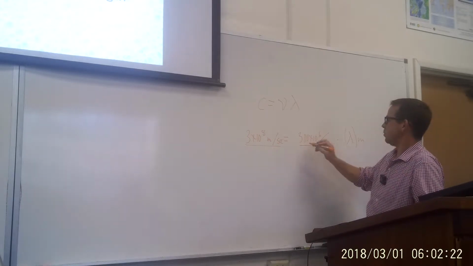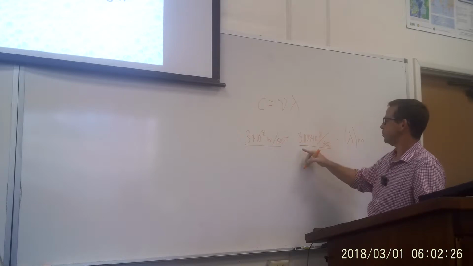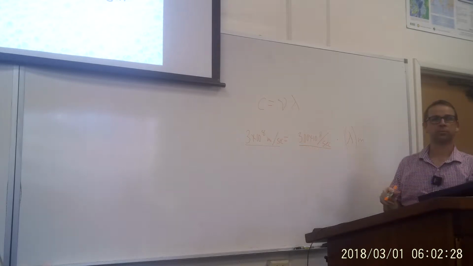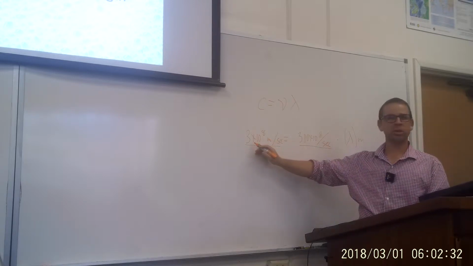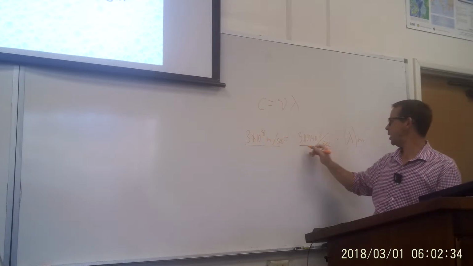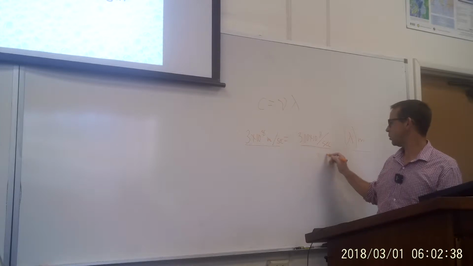Is it 1 times 10 to the 12th? No. So we got 3 times 10 to the 8th divided by... It's 0.9909. Yes, that's right. It's 1, right?